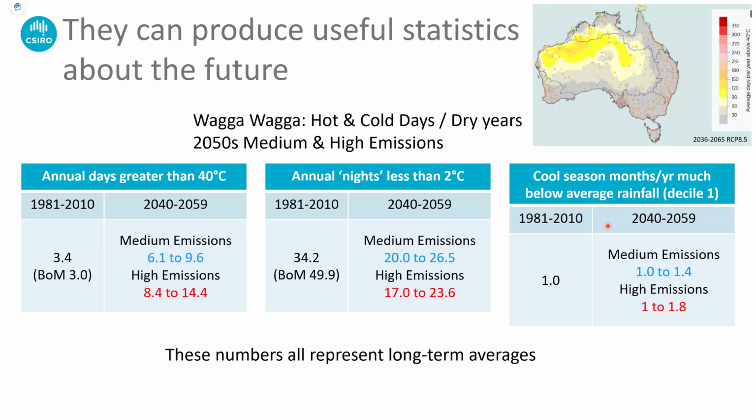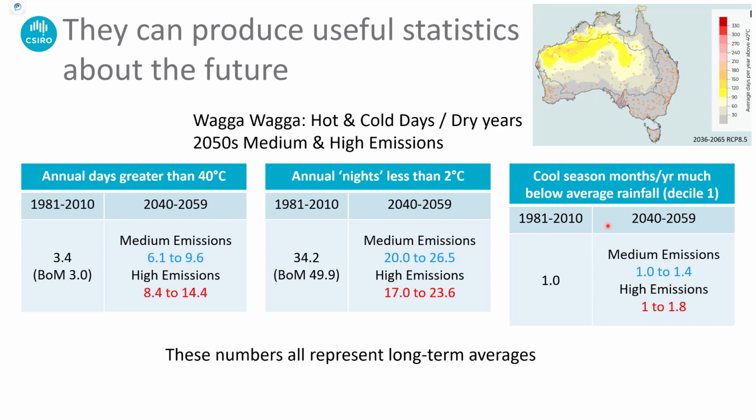So just really quickly to finish off, what can we do with this sort of information? There's a stack of things that we use climate change projections for. One of the really useful things, though, is to start to look at what it means in terms of the statistics around hot and cold extremes or extremes of rainfall.